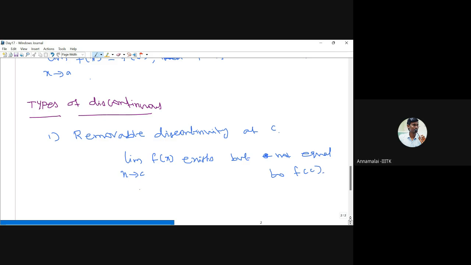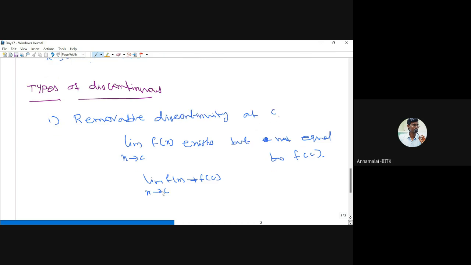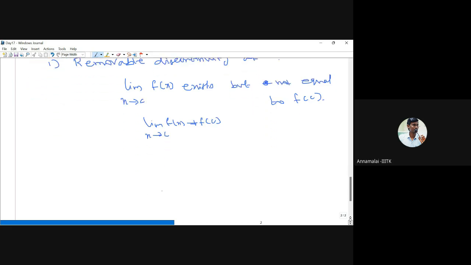If it is equal to f(c), then we say it's continuous. That is the first type.